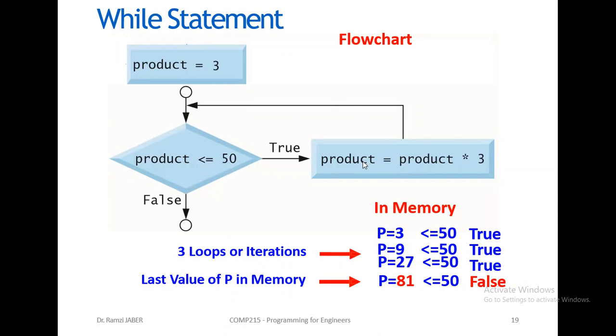Then another time go inside the body and multiply by 3, 81. Now with 81, check the condition again. Now it's false. When it's false, continue to the next step. Here we have a loop, so this code enters the loop 3 times.